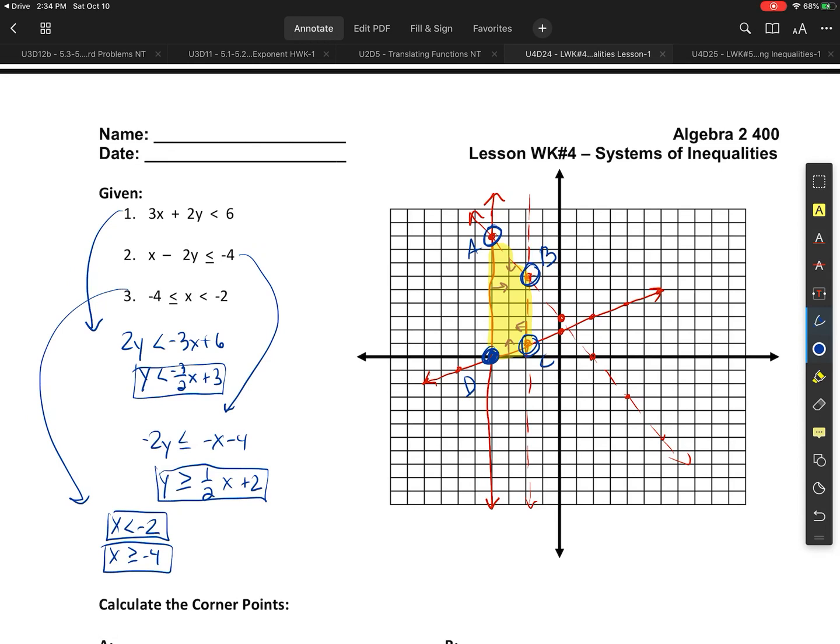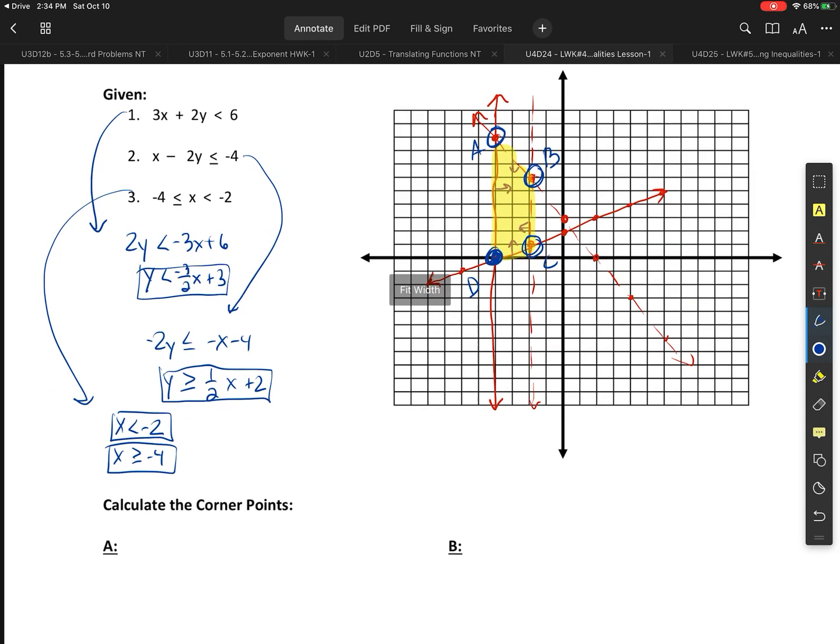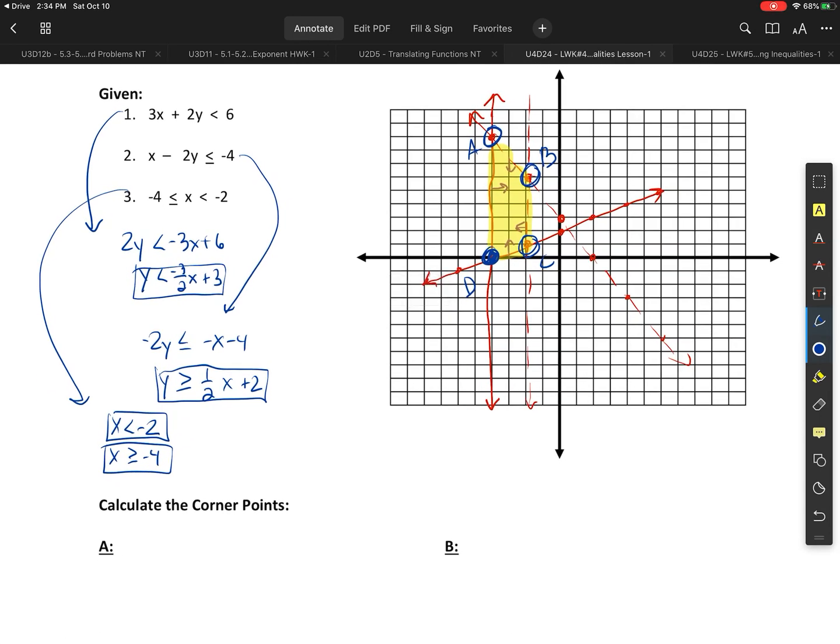All right, let's do this. All right, which is nice about this now is that you're always going to have an x value, so these are a little bit easier to solve. So for corner A, we have line 1 and 4. It is open.